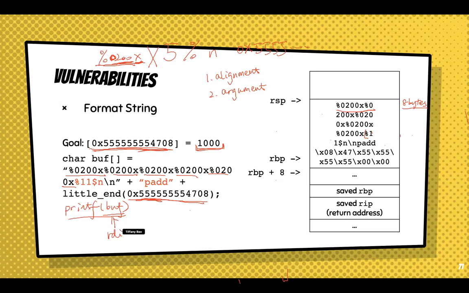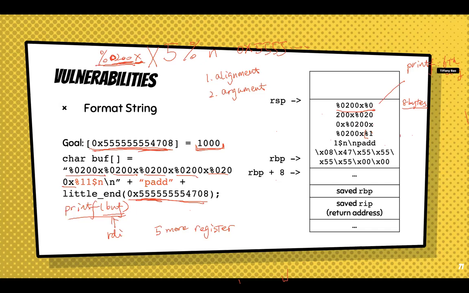But after that, there are 5 more registers. So from printf's perspective, this is going to be the first argument after these 5 more registers. So from printf, it's going to be the 6th argument.